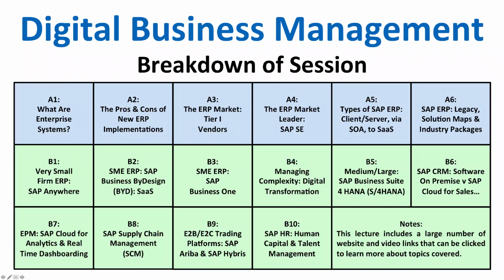We'll look at the ERP market for tier 1, that's the big vendors, and then tier 2 and tier 3, which we'll talk about briefly. We'll look at the ERP market leader, SAP, in a bit more detail, and then types of SAP ERP, going back a little bit from where we are now, and also legacy solution maps and industry packages. At that point I'll finish the first video, and there'll be a second video for all that stuff in green there, so I'll introduce that next time.